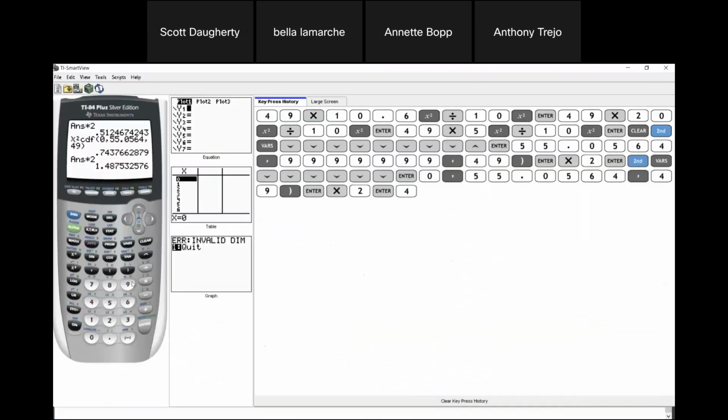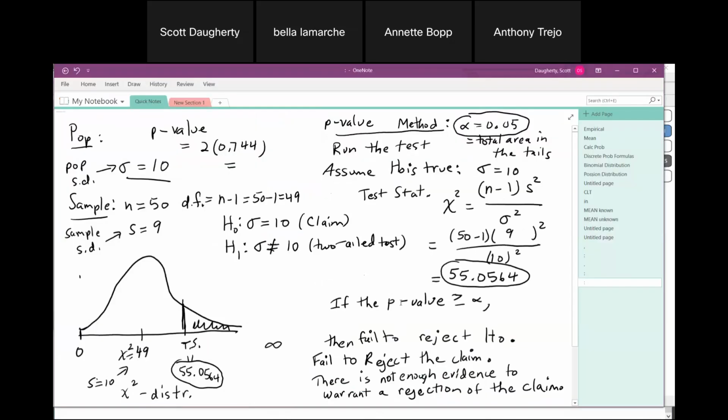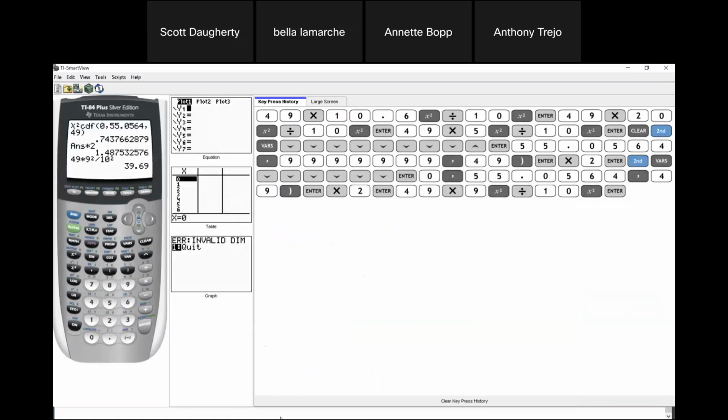So it's 49 times 9 squared divided by 10 squared, which is 39.69. That would have been your test statistic if S was 9. I'm just making this up.